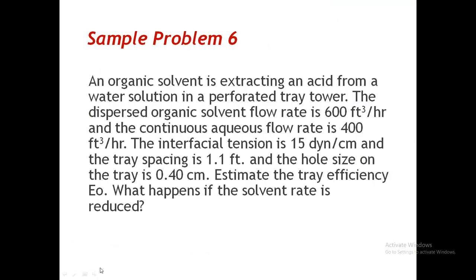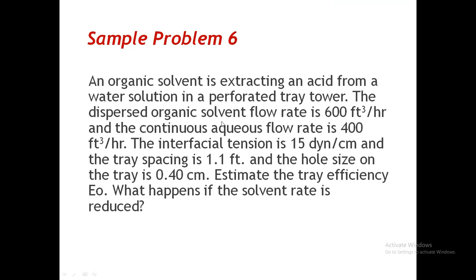Now in sample problem number 6, you are given an organic solvent that is used in extracting acid from water in a perforated tray tower. The dispersed organic solvent flow rate is 600 cubic feet per hour and the continuous aqueous flow rate is 400 cubic feet per hour. So notice, it says the dispersed organic solvent.